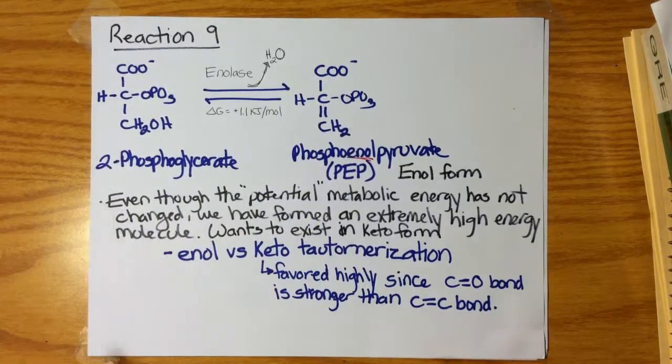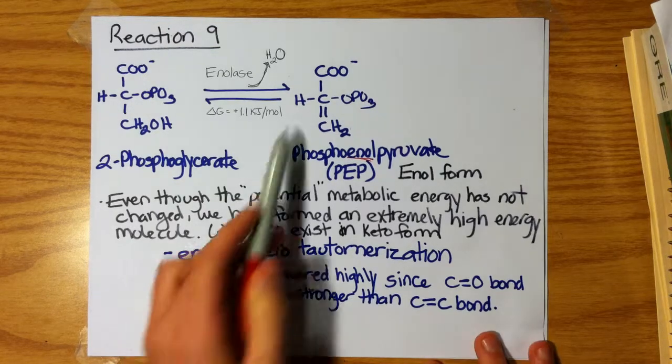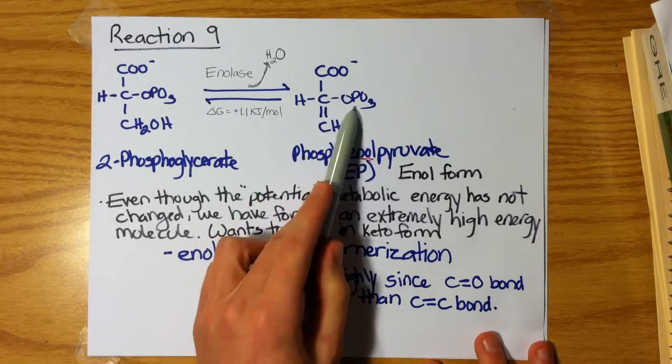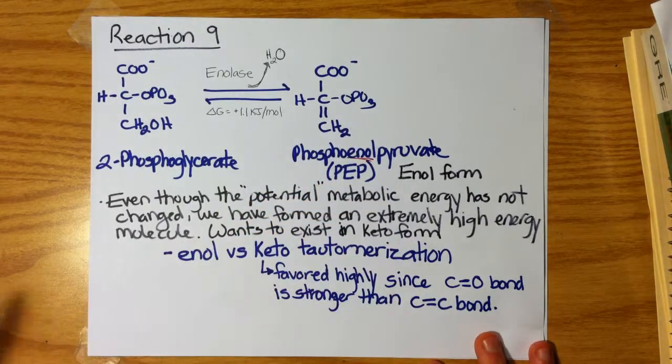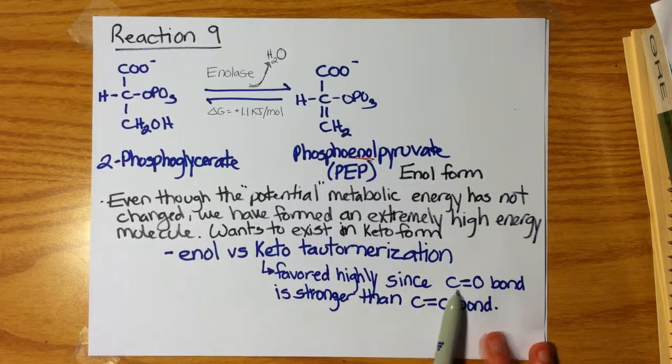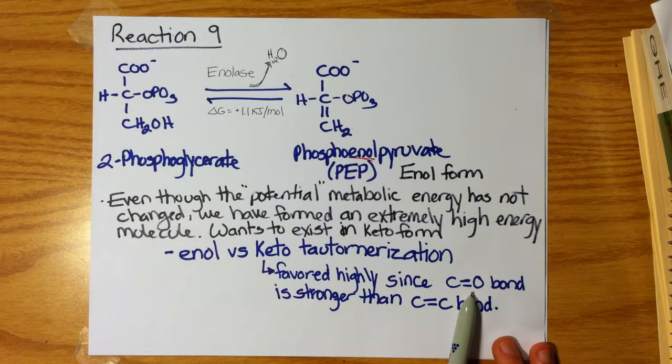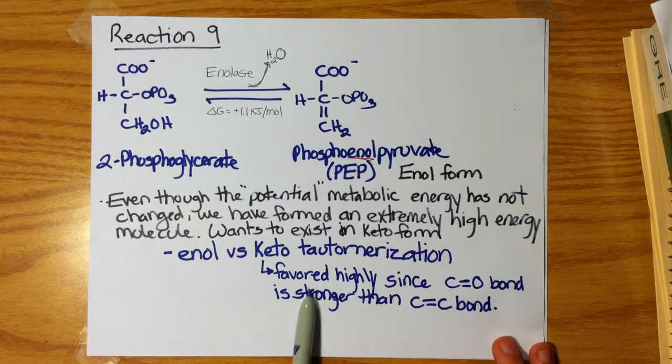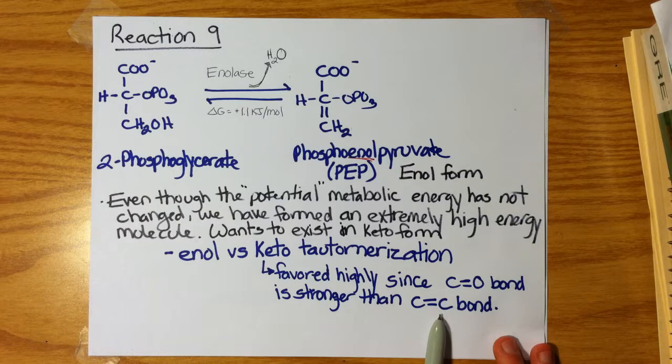It's the organization of the electrons relative to these atoms which leads to its high potential energy. So like I stated, in enol versus keto tautomerization, the double bonded C and O is highly favorable compared to the double bonded CC.